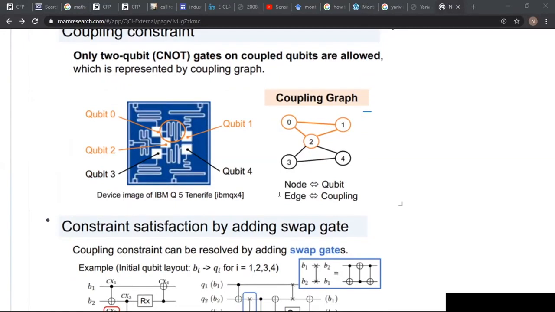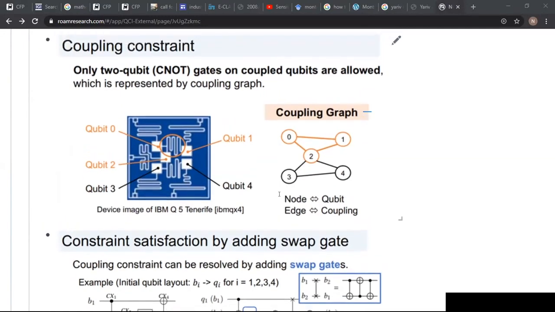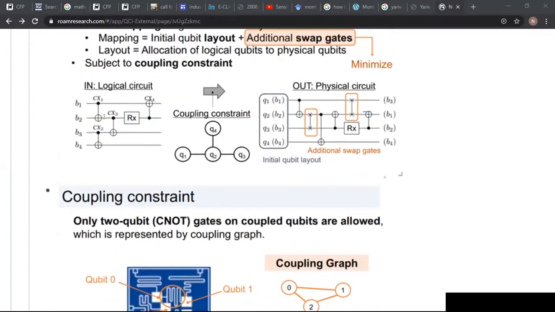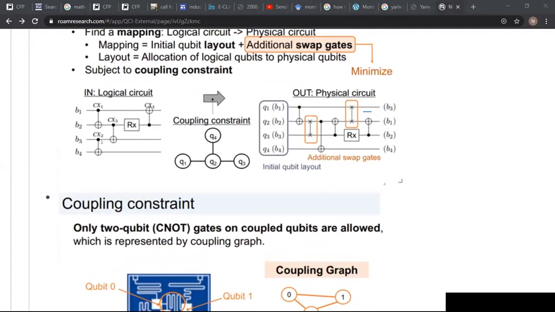Suppose we have a circuit which we make, and there is a gate between 1 and 4, but on your hardware we don't have a connection between 1 and 4. How will that get implemented? See, given this example, in the logic circuit there is a CNOT gate between the logical qubit B3 and B4. But when you see the coupling constraint, Q3 and Q4 are not connected with each other.